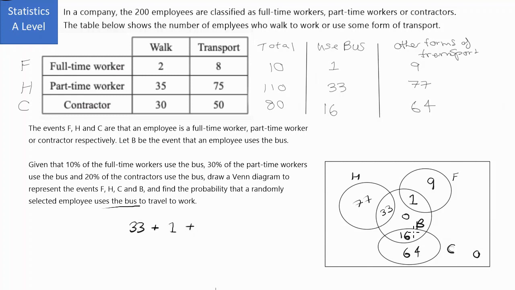The number of contractors who use the bus is 16. So the probability is going to be all of those added up out of the total number of employees, which is 200. We add these together, and that gives us 50 over 200, and that simplifies down to 1/4. Okay, well done if you got that, and thank you for watching.